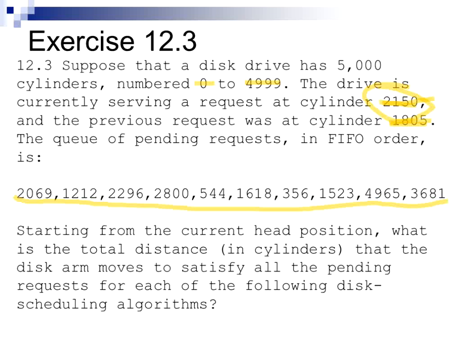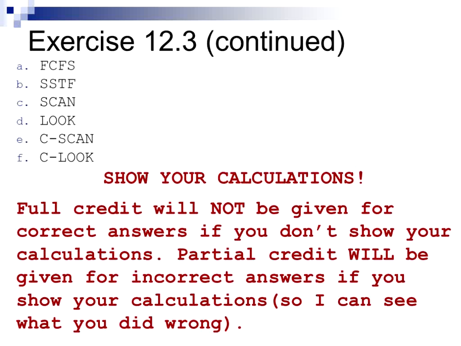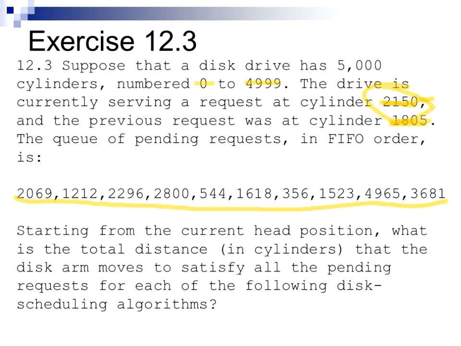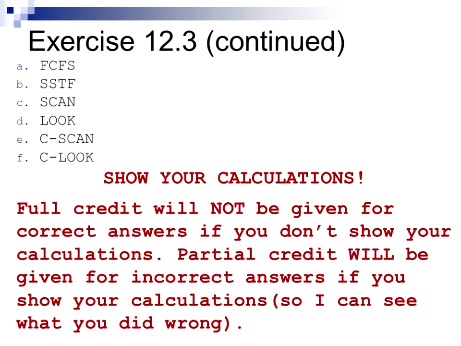Just like I did on the previous charts for the example in your book, you want to do those calculations for this particular queue of cylinder requests. So assume this is your cylinder request queue. You're currently at 2150, moving from the lower numbers to the higher numbers. And then how does each of these algorithms work?